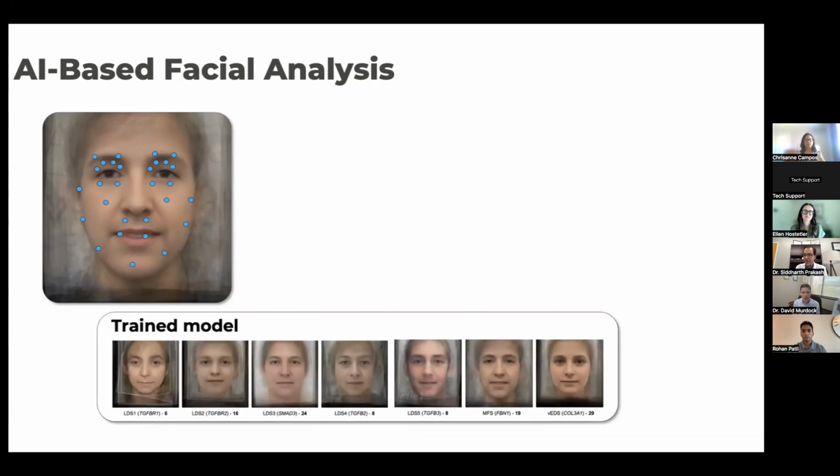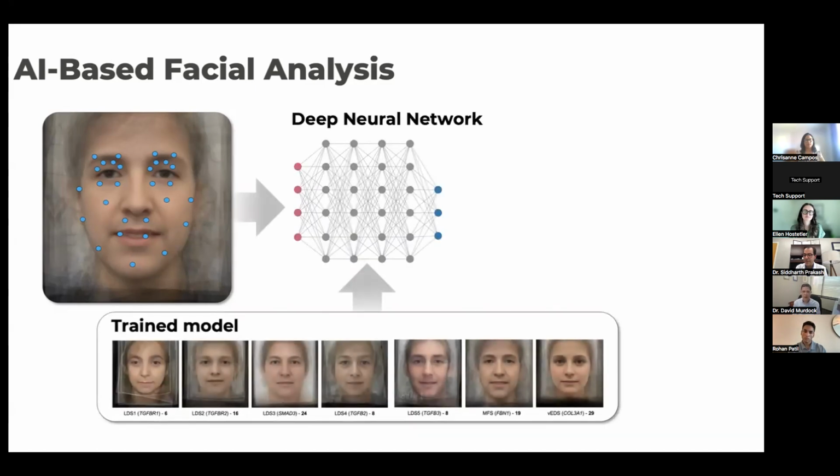And then that encoding goes into what's termed a deep neural network. And that's really the AI part of this. So the AI brain, the computer brain, has been trained on hundreds, if not thousands of images from the general population, as well as from individuals with these various HTAD conditions.